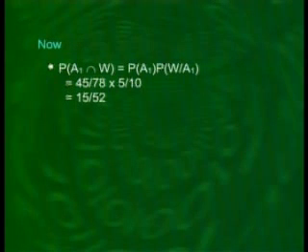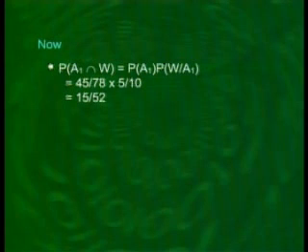And according to the general multiplication theorem of probability, probability of A1 intersection W is equal to probability of A1 into probability of W given A1.